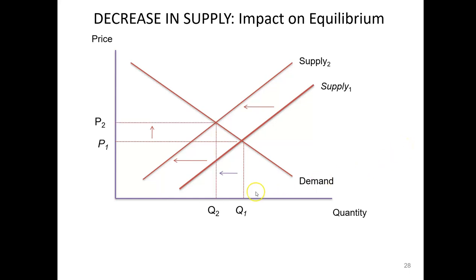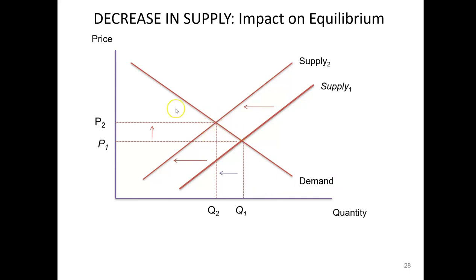So the rebalancing is going to be partially from an increase in prices. And when that happens, some people who wanted it on the demand side, so if we're talking about Uber rides, if the price was $13 at P1 and now it's $14 at P2, some people wanted it at 13, but now they don't want it at 14, so the equilibrium quantity is going to decrease because of that.